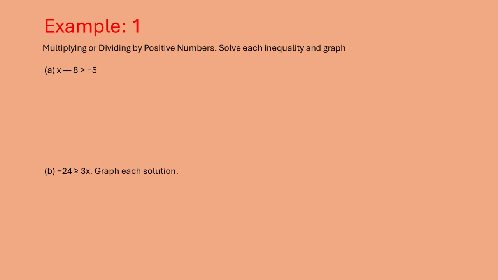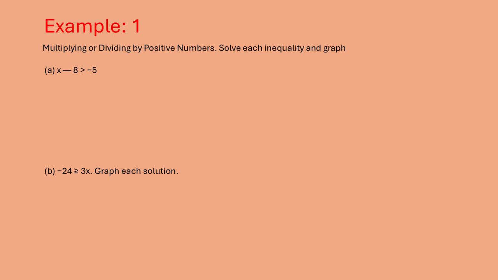Let's go to example number 1, multiplying by positives, and then solve each inequality and graph. What is the first thing I'm doing here? By the way, we're no longer doing one-step inequalities. We're going to do multi-step. Remember, first we're going to isolate.